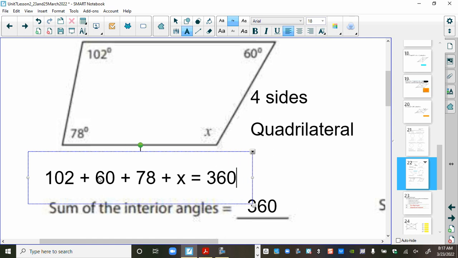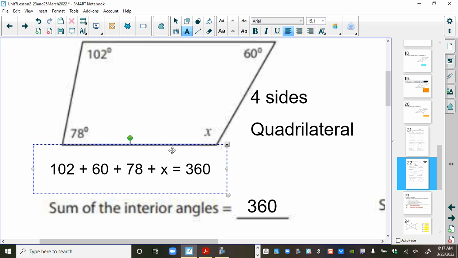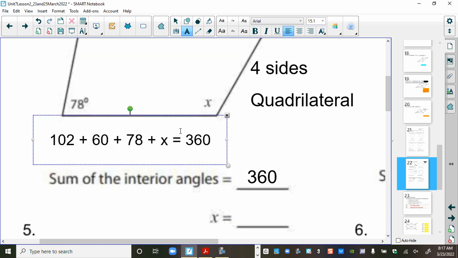Yep. That's your setup. So there was a problem on the notes that was very similar to this problem here. At this point, I'm not going to tell you anything else. That's your hint to solve for x.